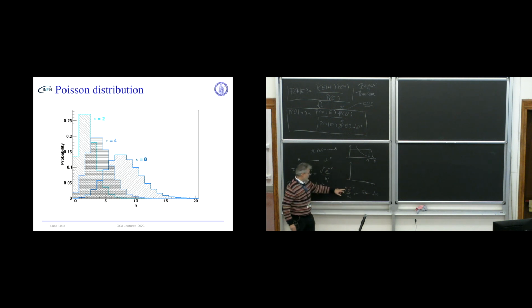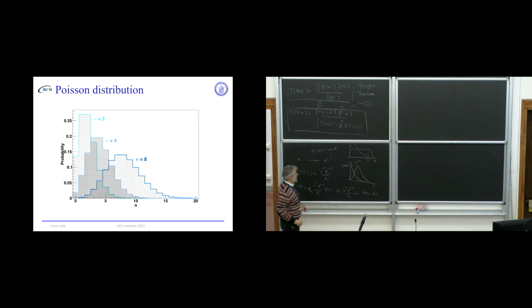So if n is equal to 0, this term is not present, so this is just an exponential. So this is for n equals 0. If n is equal to 1, 2, and so on, you start to have that the probability density is 0 at nu equals 0. So this is nu, this is p of nu given n. And then more or less the shape is like this, okay?